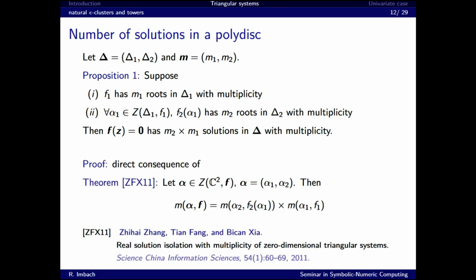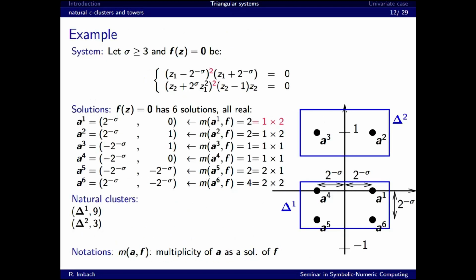And this is actually a direct consequence of a theorem coming from this paper that states that for a triangular system, the multiplicity of a root is equal to the product of the multiplicities in the fibers. So back to my initial example, to obtain these multiplicities of the roots, I actually applied the theorem.